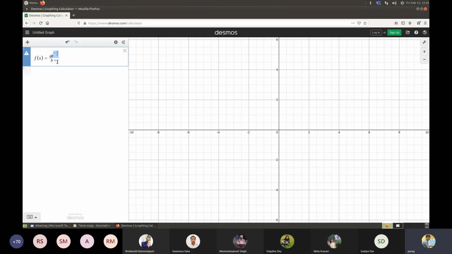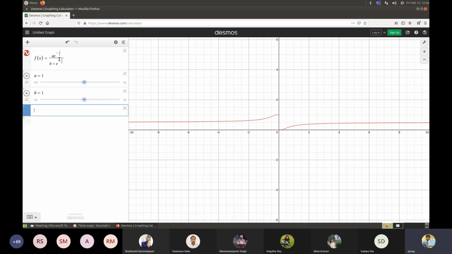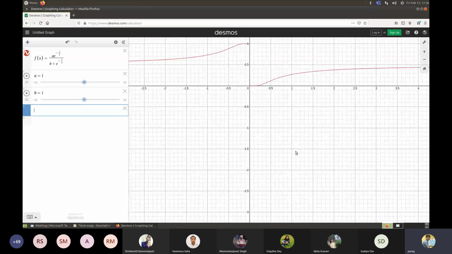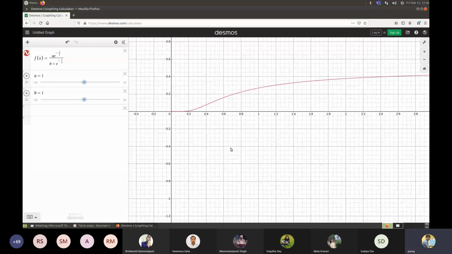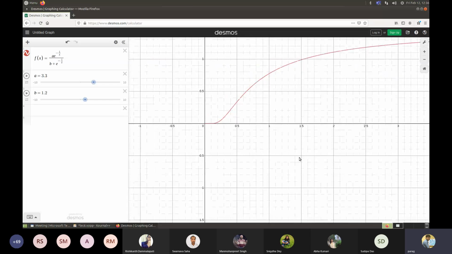Let's see. Yeah, this is how it looks, and I'm bothered about this, right? Can I change this? What is A doing? Well, it's not doing anything. What is B doing? It's not doing anything. It is just changing the magnitude. So I really do not need to worry about A and B and their magnitudes. All it is doing is changing how fast it is rising. Okay, so this is my left hand side.